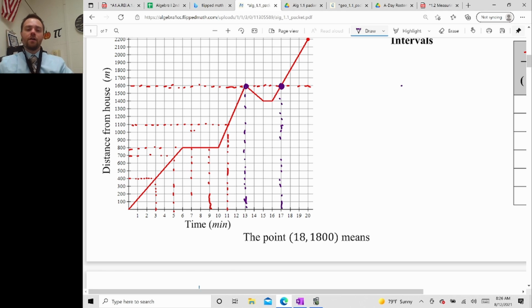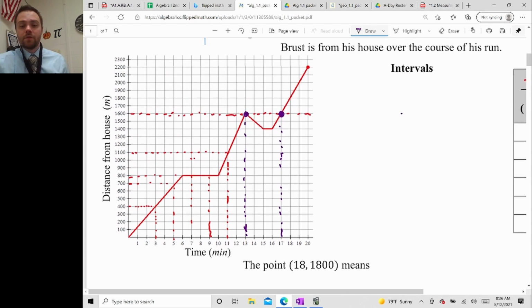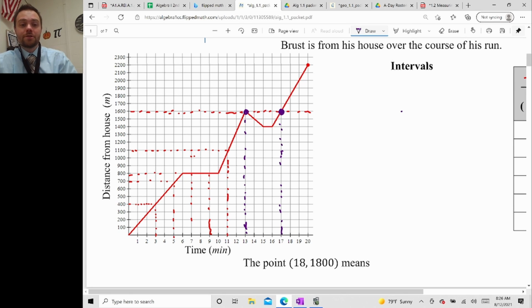And just considering all this, thinking about 20 minutes and thinking about the distance he went, this is really, really slow. This is almost a walking pace. I used to run cross country, and so typically you're going to run a 5K, which is about 3.1 miles.